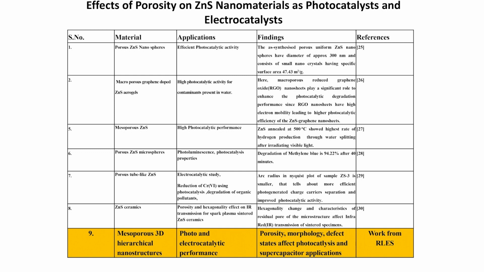The porous ZnS nanosphere, the application is efficient photocatalytic activity, and the findings are that the as-synthesized porous uniform ZnS nanospheres have a diameter of approximately 300 nanometer and consist of small nanocrystals having a specific surface area of 47.43 meter square per gram.